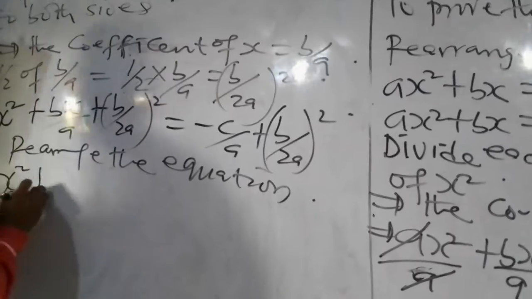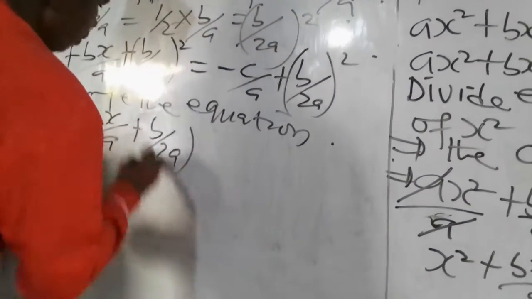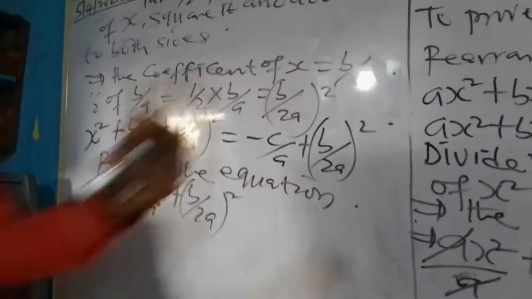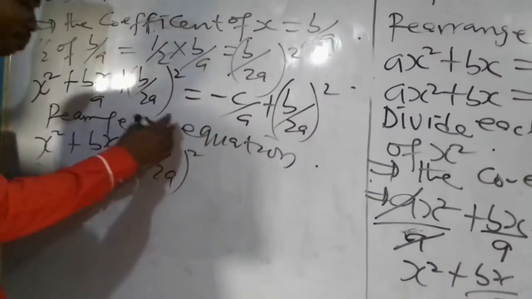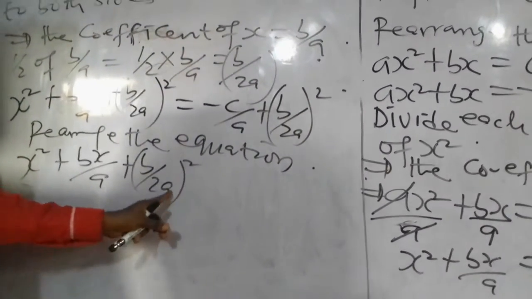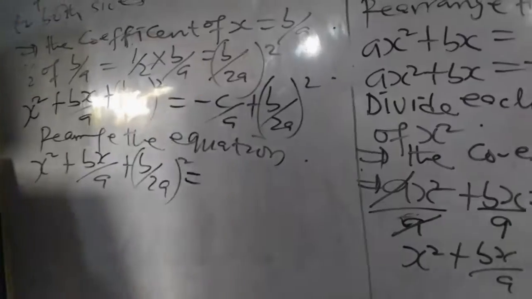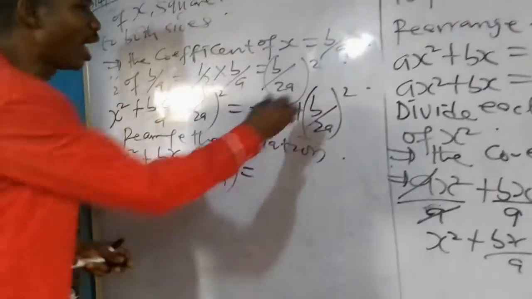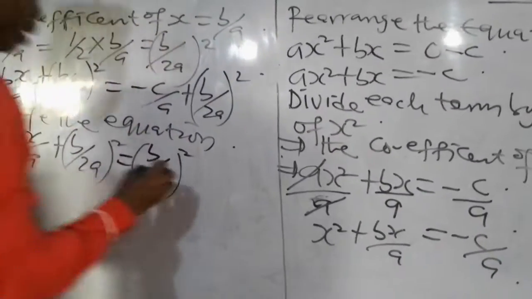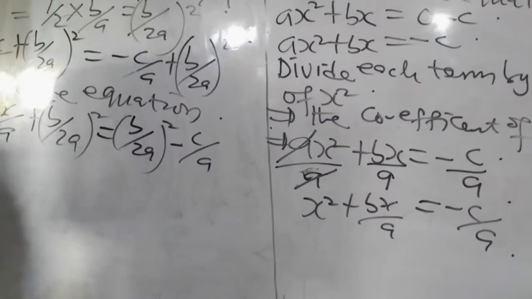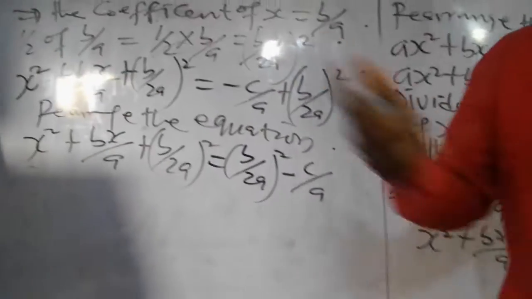We have x squared plus bx over a plus b over 2a, everything in bracket squared, equals b over 2a, everything in bracket squared, minus c over a. That is what we need to do.